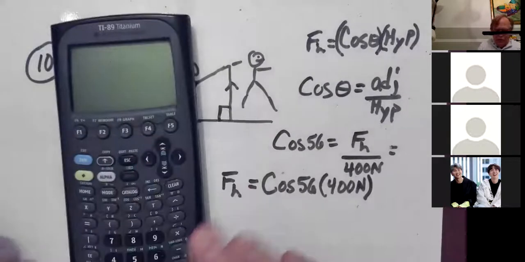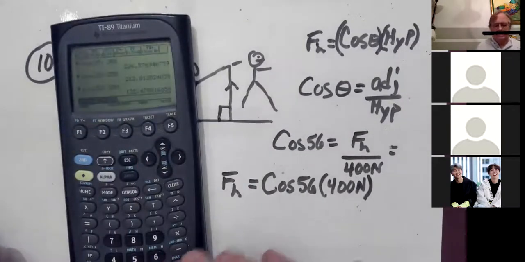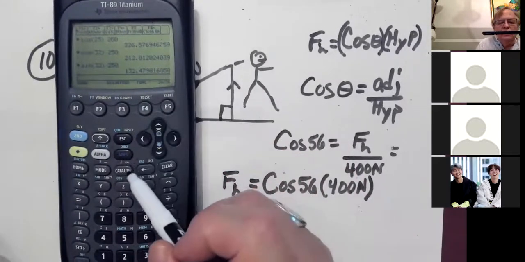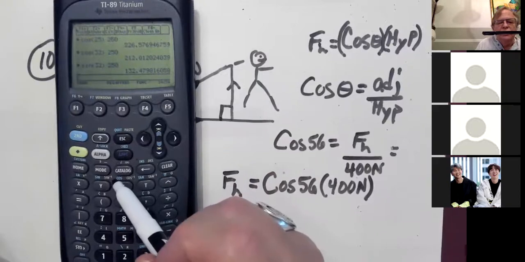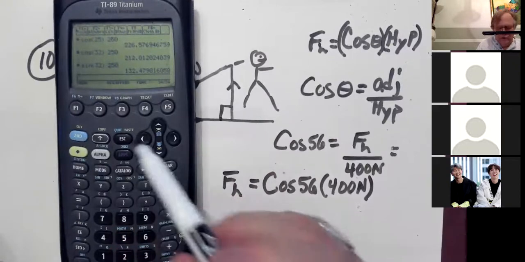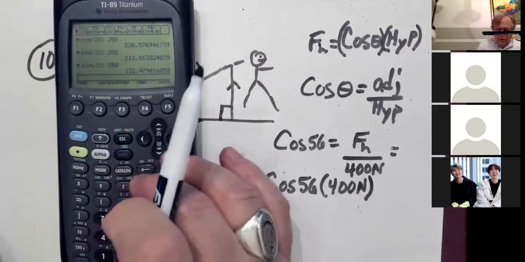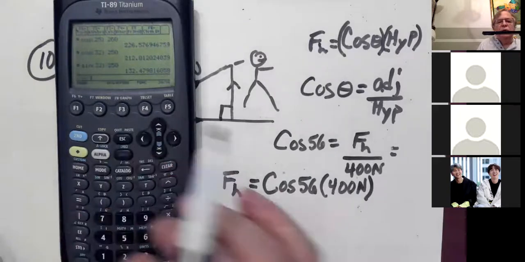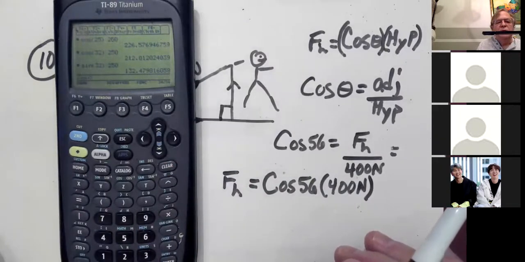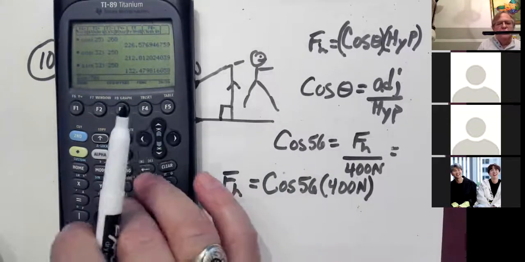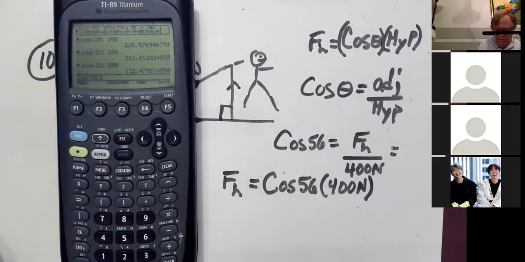Do you understand how to use your calculator? Down here, you see the cosine is in blue. I'm going to hit the second function, and then the one with cosine on it, which is Z on my calculator. It gives me cosine, parentheses. Then we plug in 56 and close the parentheses, and multiply 400 times that.